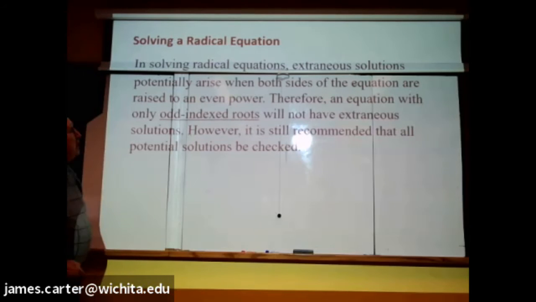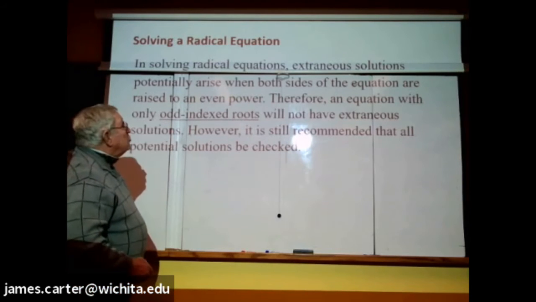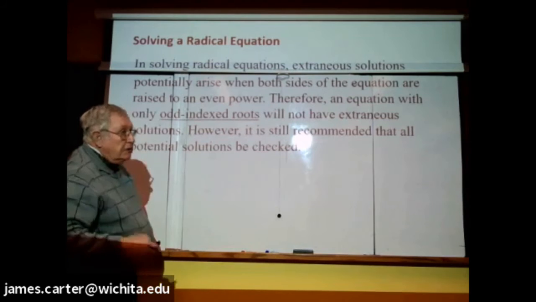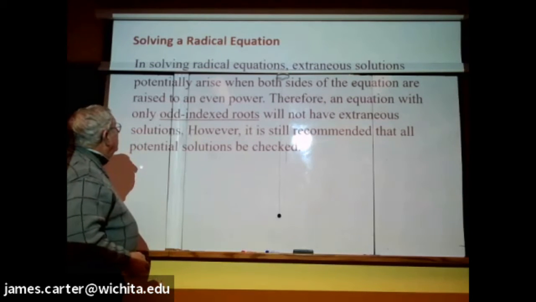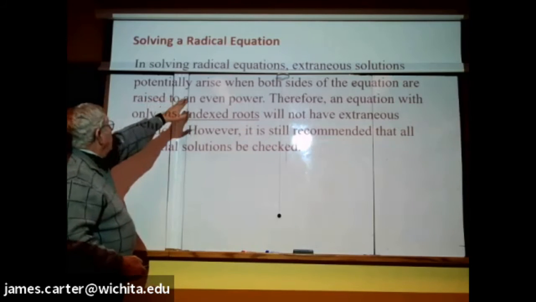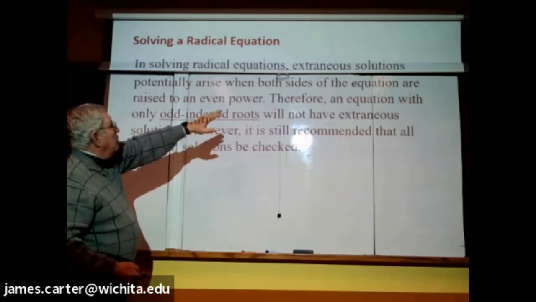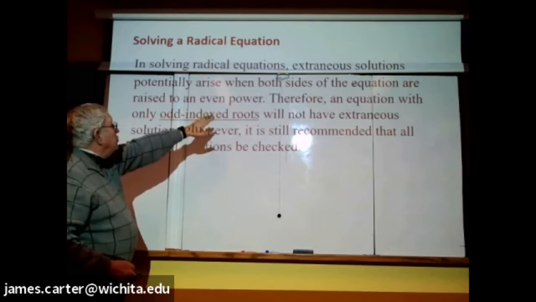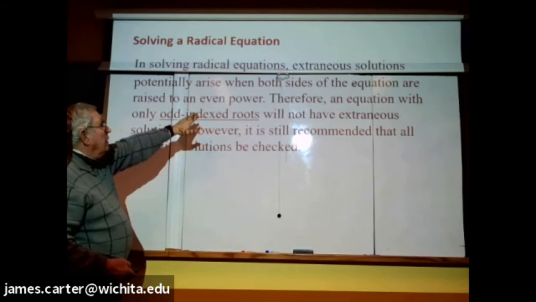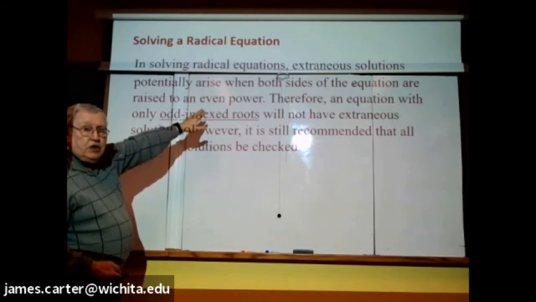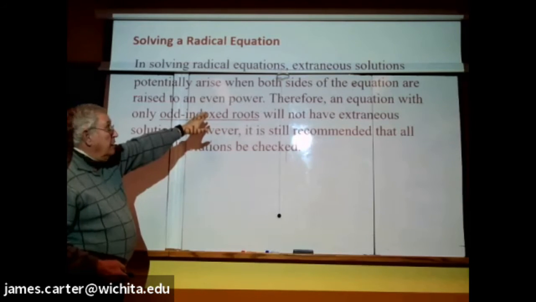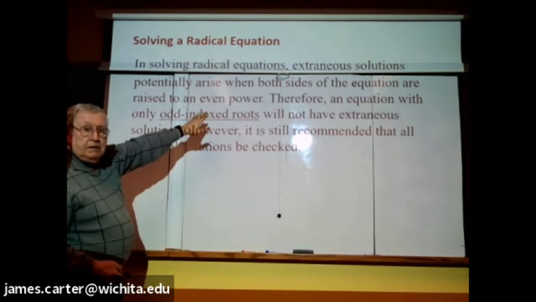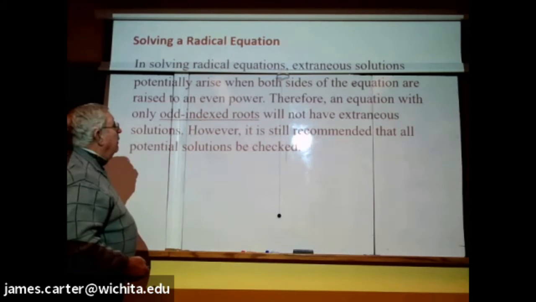In solving radical equations, extraneous, meaning ones you don't use, solutions potentially happen when both sides of the equation are raised to an even power. Now, notice this doesn't say to an odd power like cube. This is an even power like second, fourth, sixth, and so on.